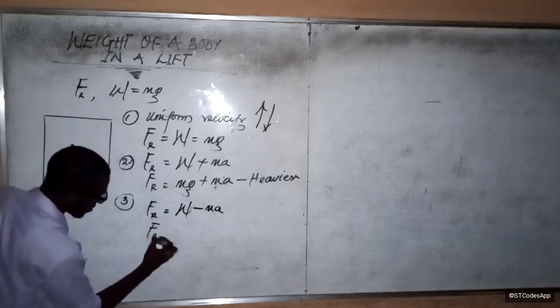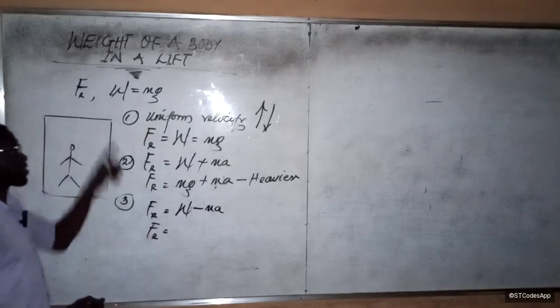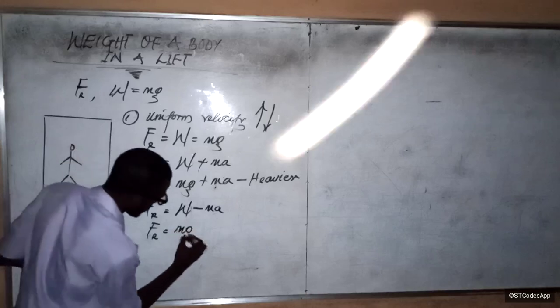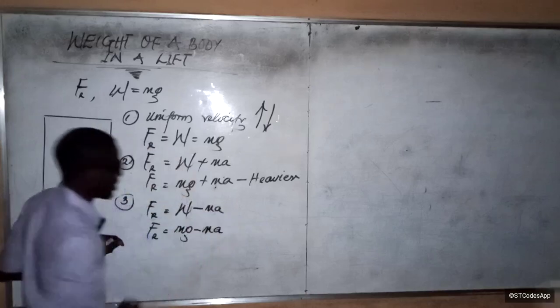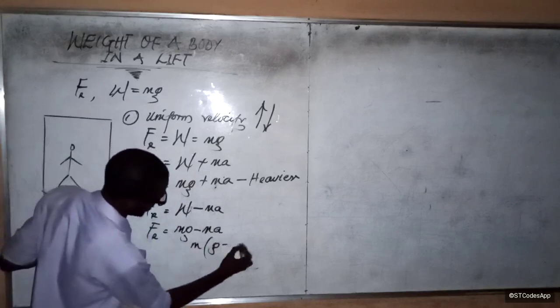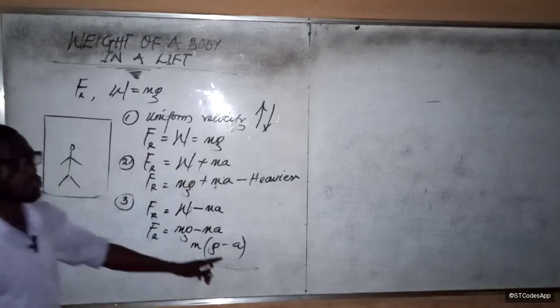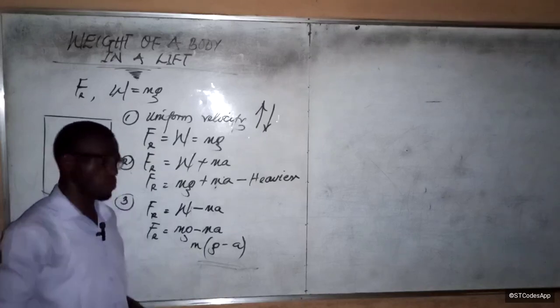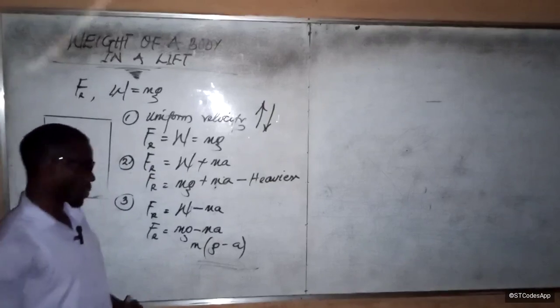So we have FR, the F recorded by that weighing balance, will be mg minus ma. Is that okay? So m is common, so m into bracket g minus a. This is what will be recorded by the weighing scale in the lift.